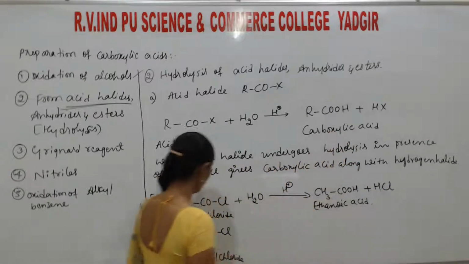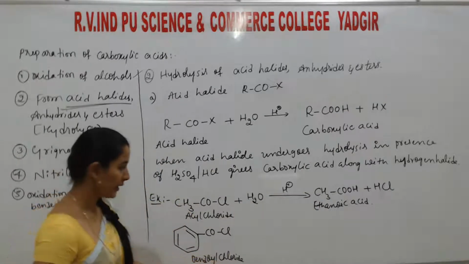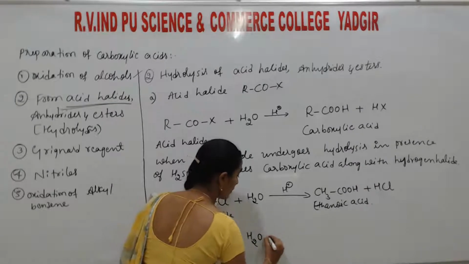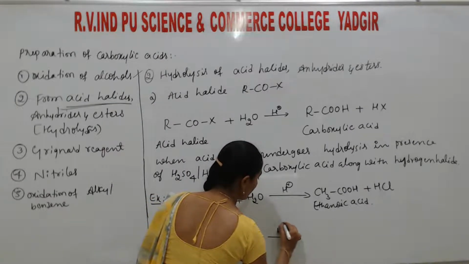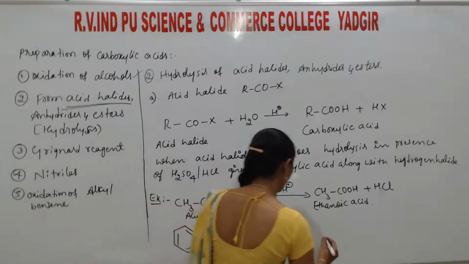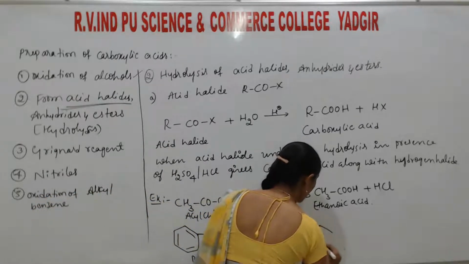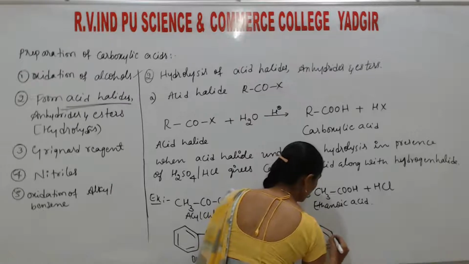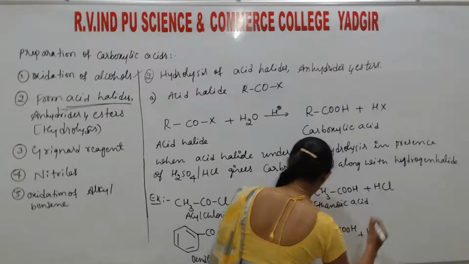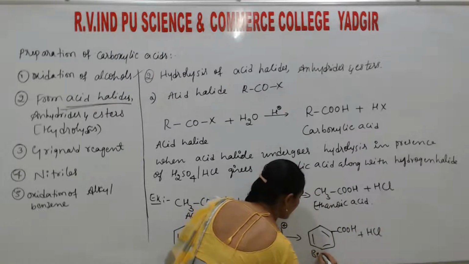So here benzoyl chloride is there. Same, it undergoes hydrolysis in presence of acid. Then what happens? It forms this one. What is this? Benzoic acid.